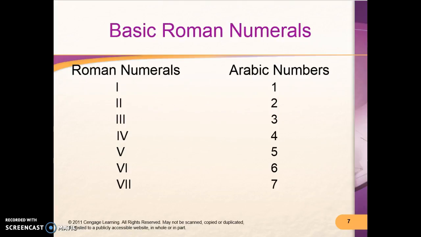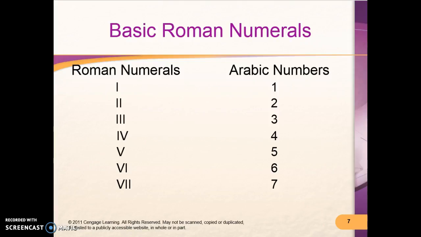So the letter I, whether uppercase or lowercase, represents the number 1. And what we can do with Roman numerals is we just keep adding to them, right? So 2 I's is a 2. 3 I's is 3. But once we get past 3, we cannot link together the same Roman numeral more than 3 times.